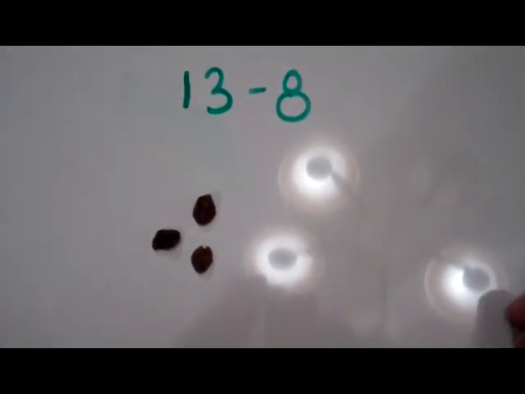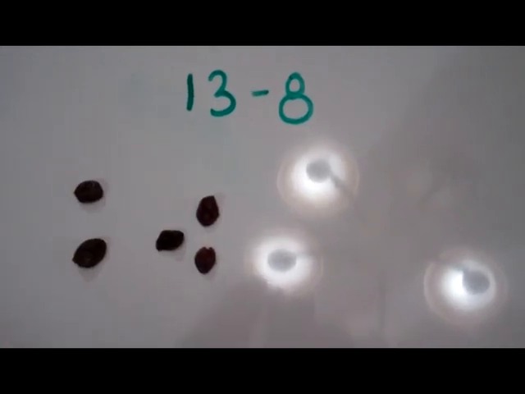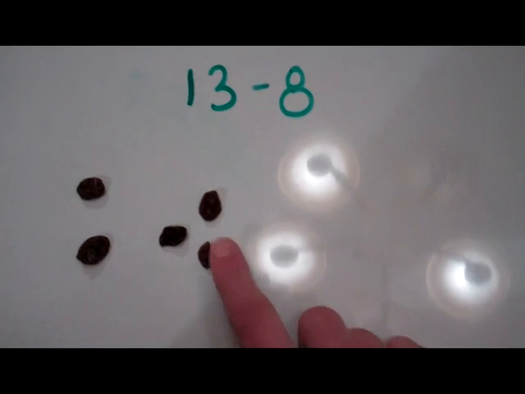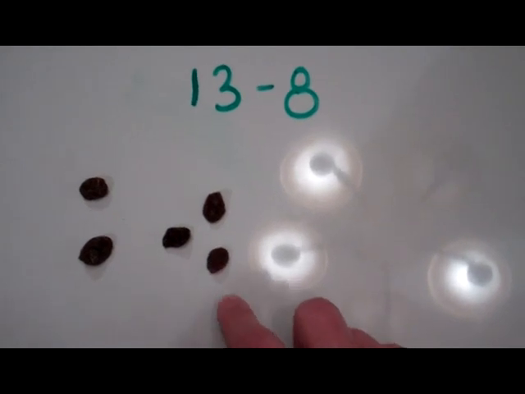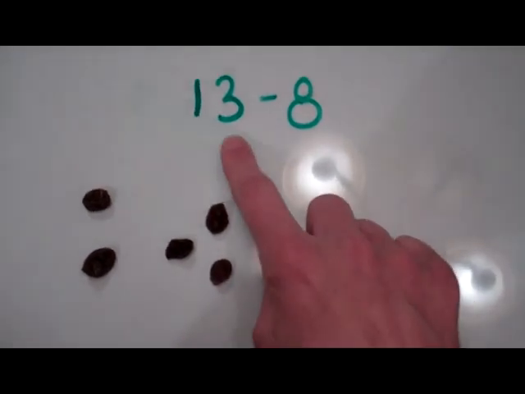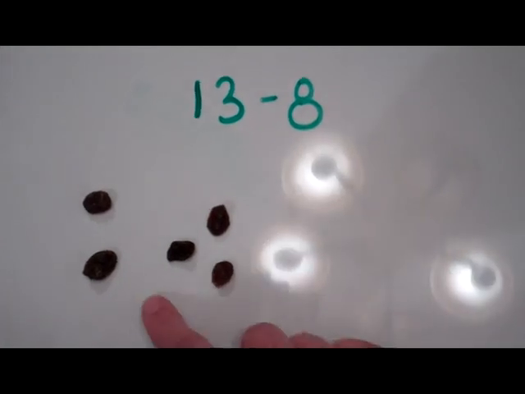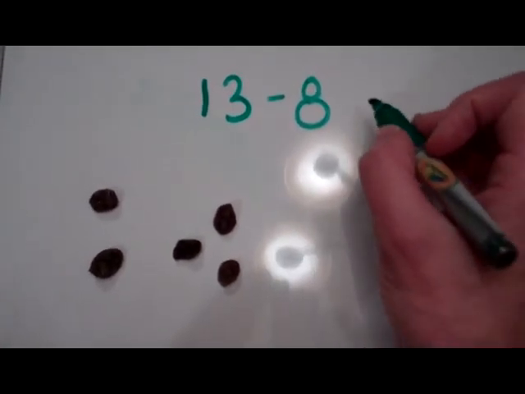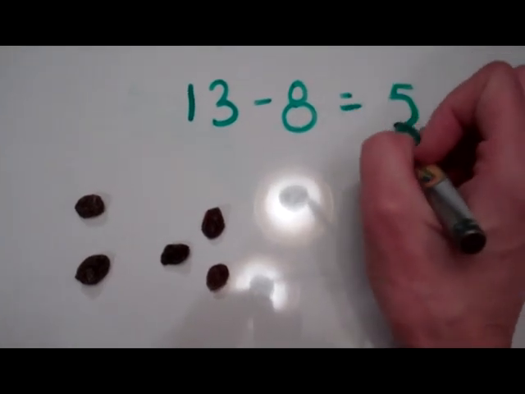So we no longer have a 10. We've got 2. We took 8 away from the 10, leaving us with 2 1s. Well, it doesn't change our 3 1s that were already here. So 13 minus 8 is 5, because 2 and 3 is 5.